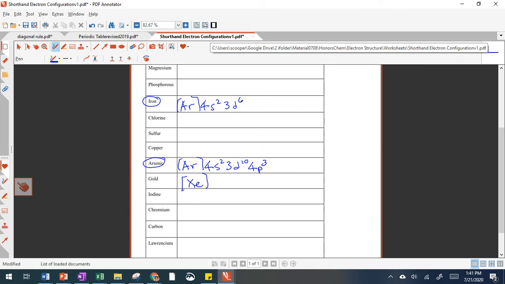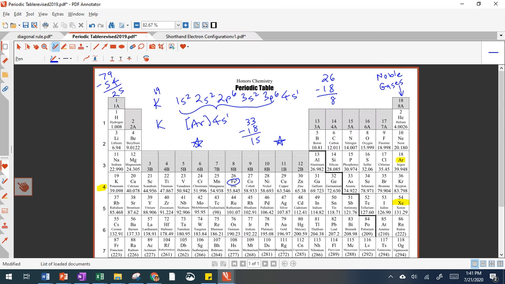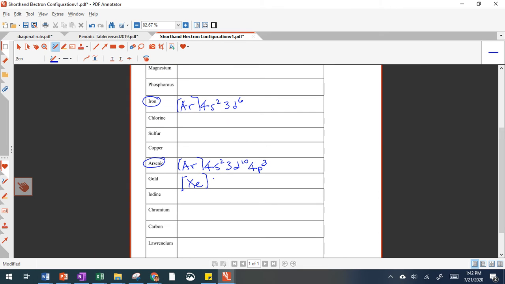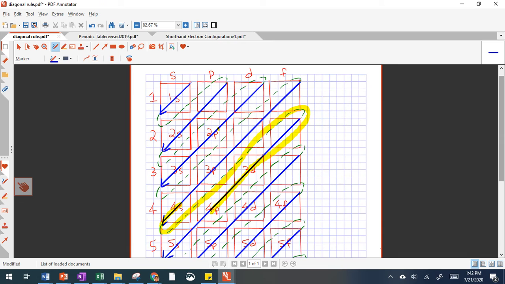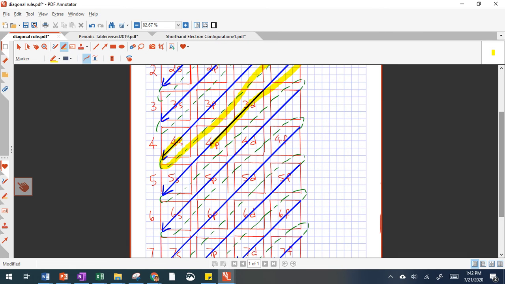So let's look at this. Gold is going to be starting with 6s, so we're going to start with 6s2. Now using our diagonal rule, the thing that comes after 6s is 4f.